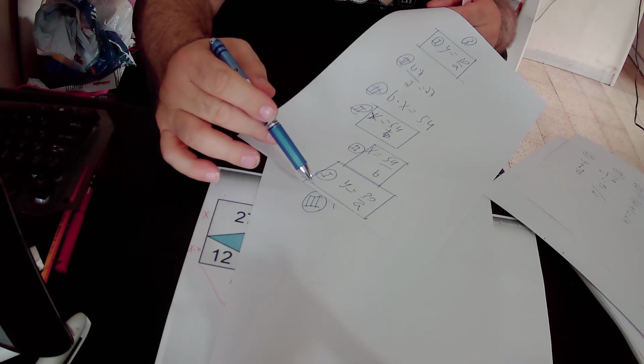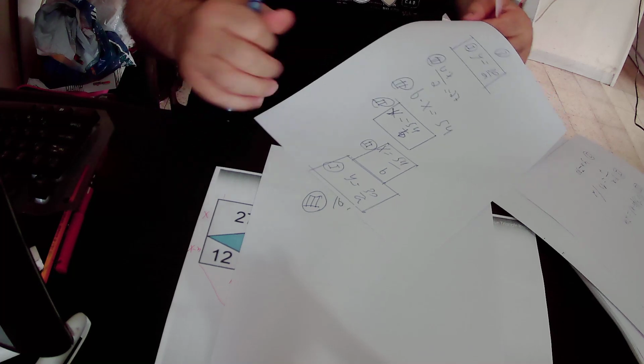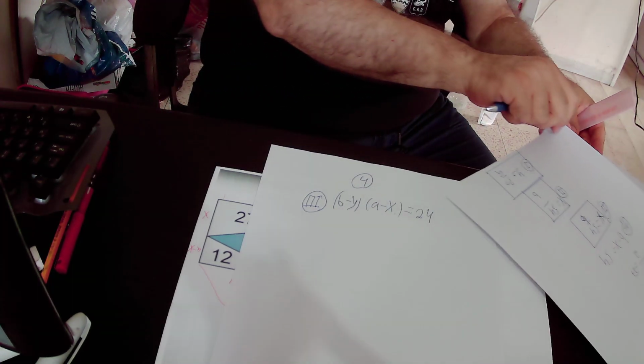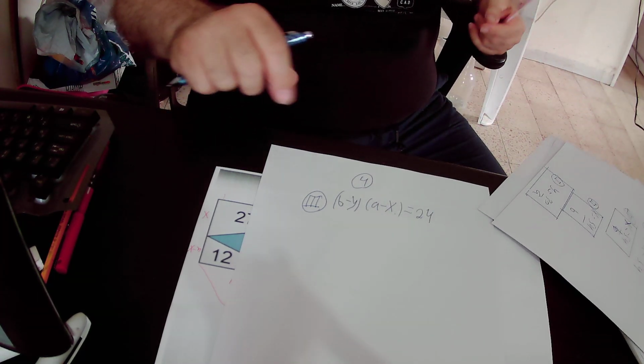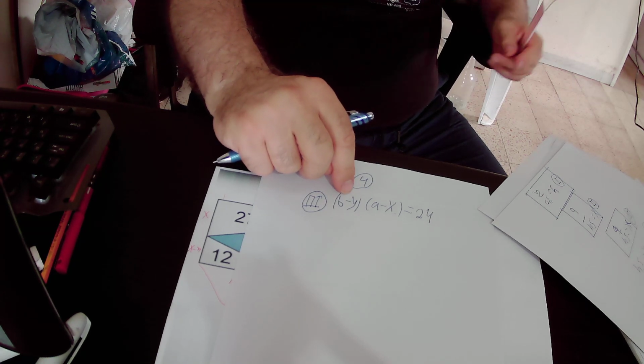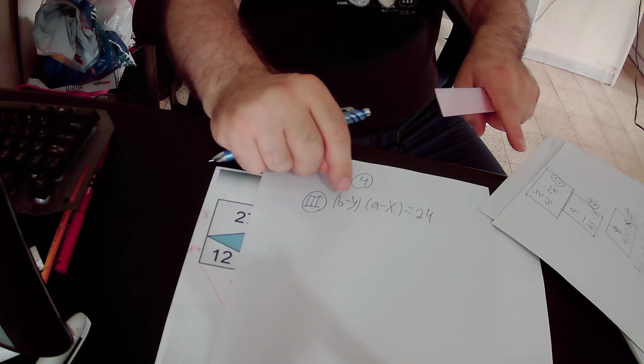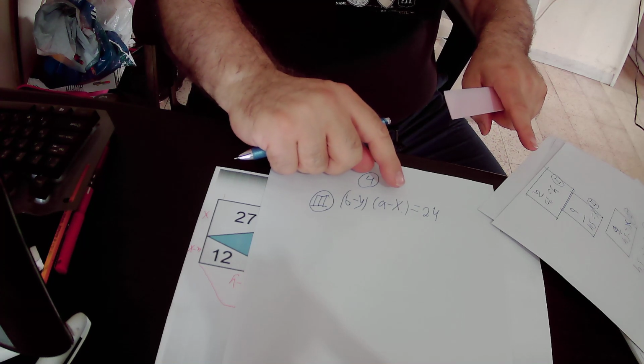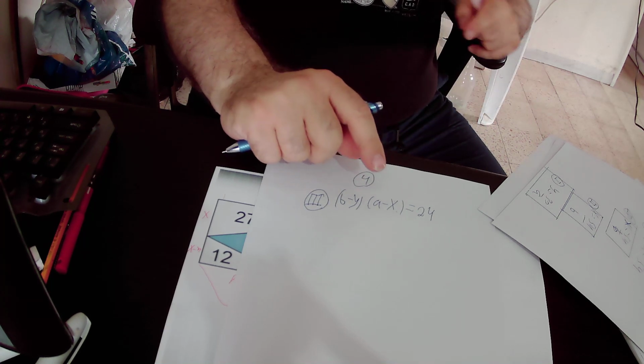We can do this substitution because y equals 30 over a and x equals 54 over b.